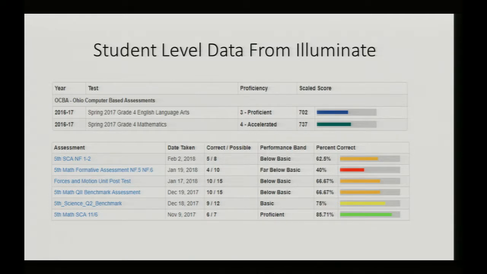In a general sense, if we weren't against the clock with the state, this is part of your PD for your teachers and trying to improve the PD for your teachers. And that's what we're doing. We're PDing at the same time, but trying to help the students directly because we need the students to perform at a high level.